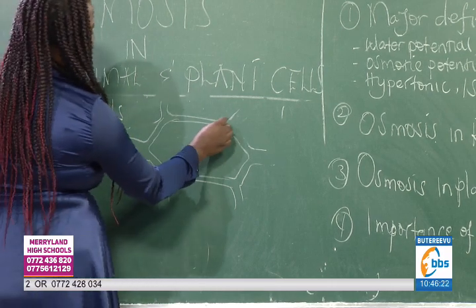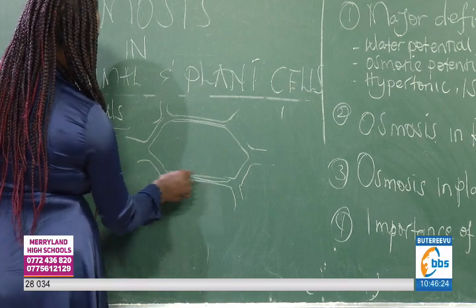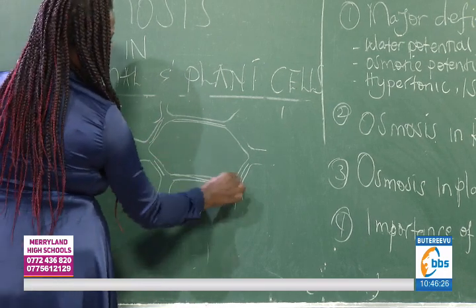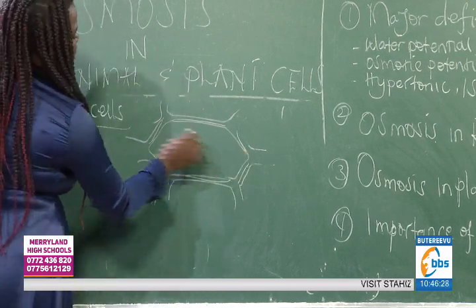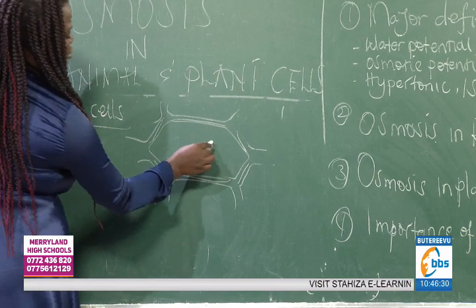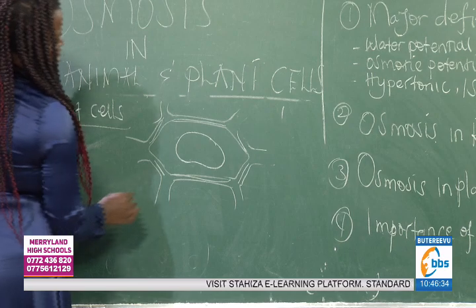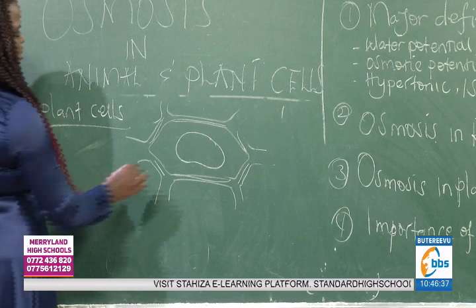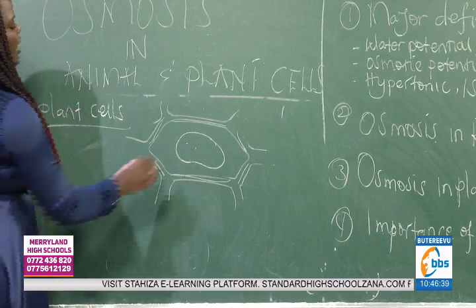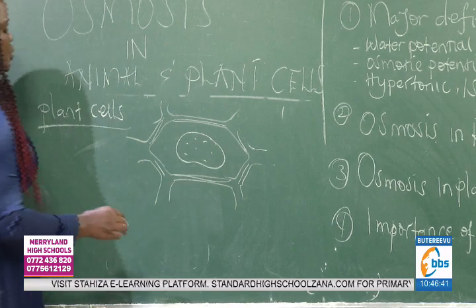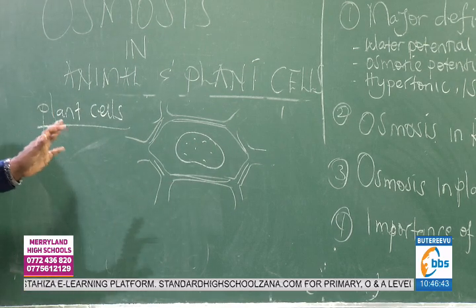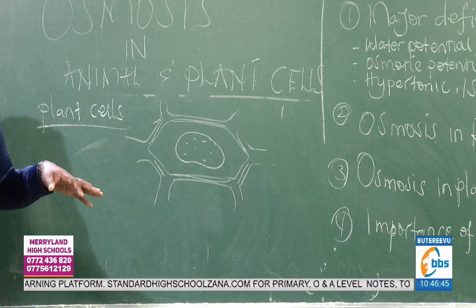So it has some segments, it has the middle lamella somewhere. Then it has a central vacuole surrounded by a tonoplast. This central vacuole has very important osmoregulatory roles in the plant cell.